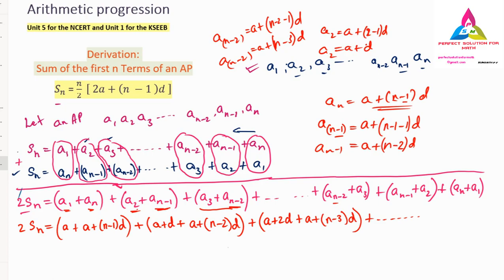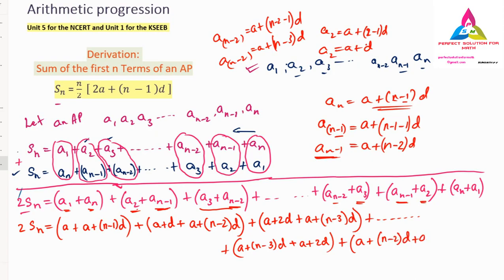So we can write it down directly: a_{n-2} can be written as a plus (n minus 3) into d, plus a3. A3 can be written as a plus 2d, plus again here we have a_{n-1}. A_{n-1} is already found. A_{n-1} is a plus (n minus 2) into d.